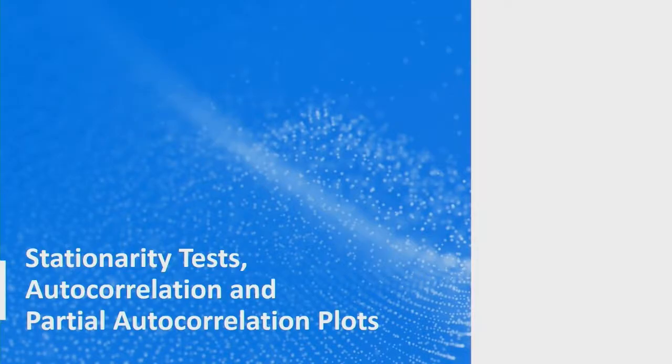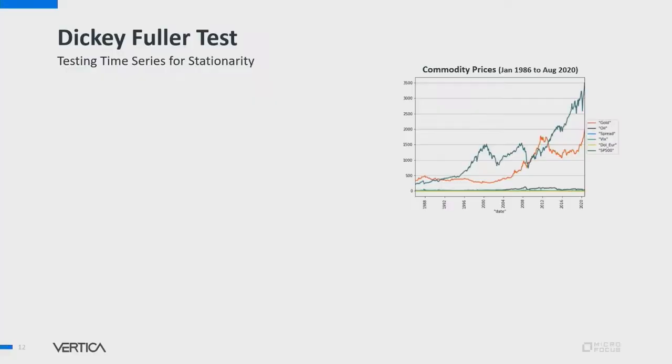So moving on, let's just get into some of these functions that we've been talking about in Vertica. What are they? Some of them are forecasting. As I mentioned, we'll be focusing on some of those. We have built some other functionalities in beta, and we continue to build more. But there are some functions that can help you, including the Dickey Fuller test, for example. Let's just discuss that one first. So let's say you have a data set.